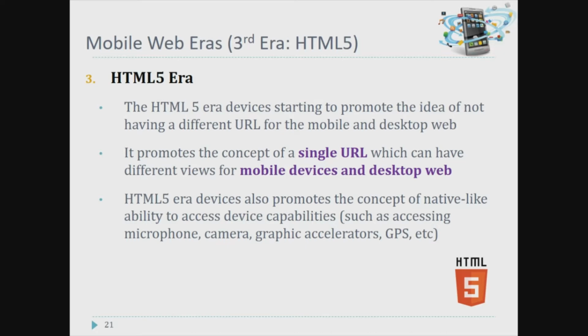The HTML5 era also promoted the concept of native-like ability to access device capabilities, such as the camera and the microphone that are already built into the mobile device itself. So these are the three mobile web eras.